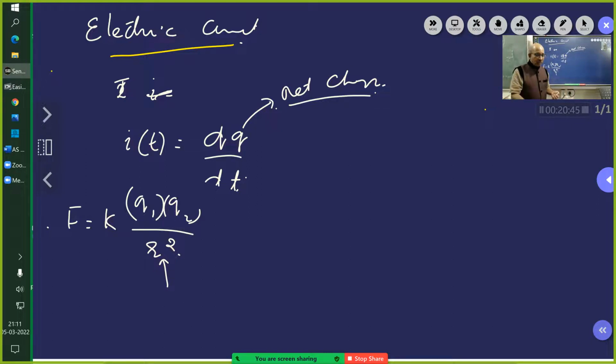If you throw a body with escape velocity, on Earth it is 11.2 kilometers per second, then the body will never return to Earth. So we say it has escaped the gravitational force of the Earth. Similarly, if you provide this potential, then the electron will move out of the atom and never return back.